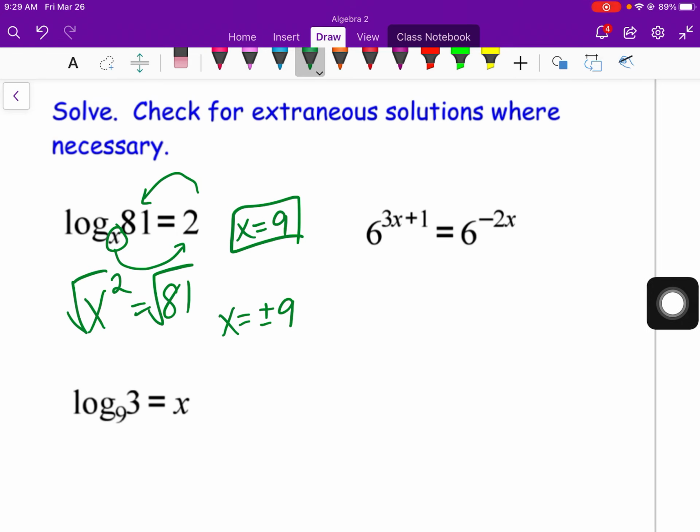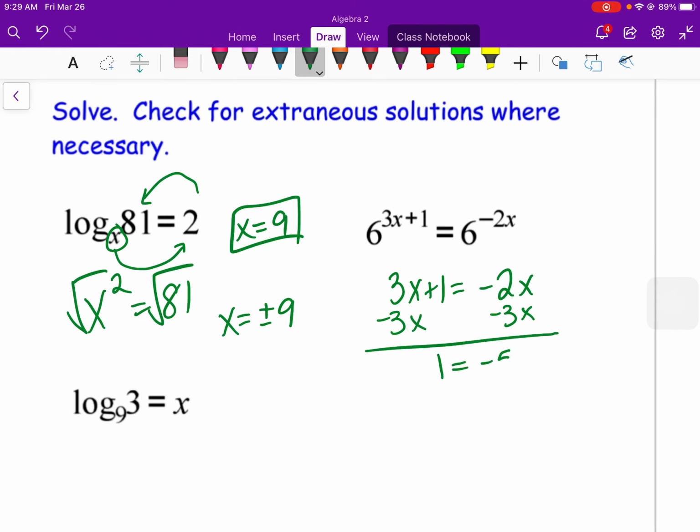Here the bases are the same, so you can set the exponents equal. So 3x plus 1 equals -2x. So I'm going to subtract 3x from both sides. I'm going to get 1 equals -5x. Divide by -5. I'm going to get x equals -1/5.